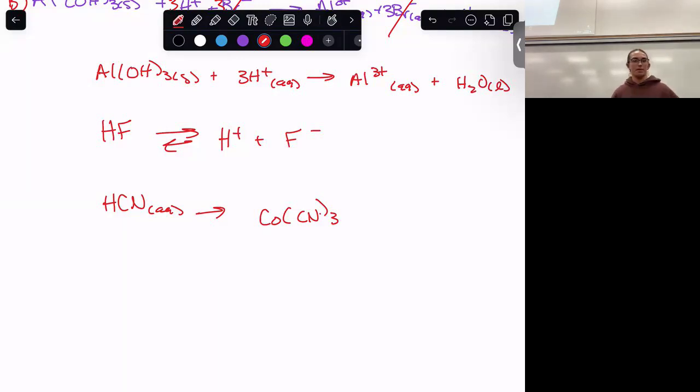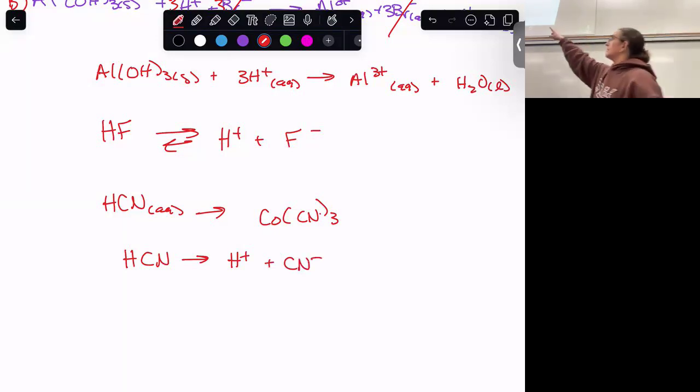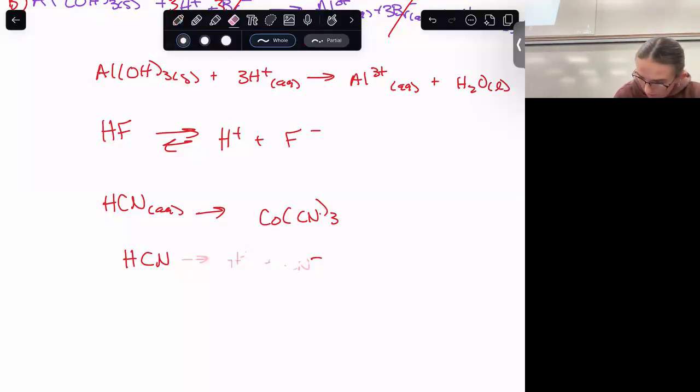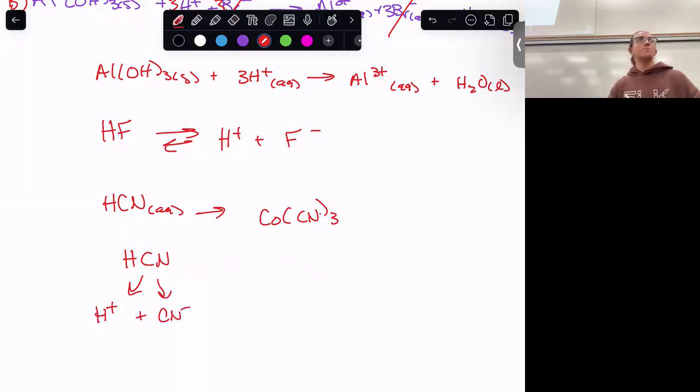Okay, wait, say it again, I'm so sorry. You're saying because it's weak, you don't cancel the terms that look the same on both sides? Right. Because HCN will actually go to H plus and CN minus, but it's not like only H plus and CN minus exist, right? Let me write this differently. This splits up into H plus and CN minus.